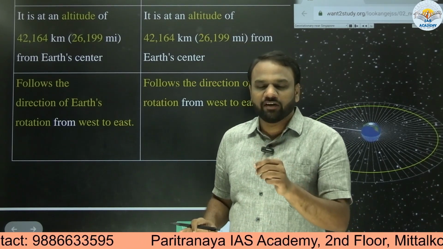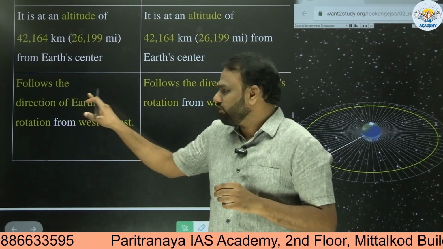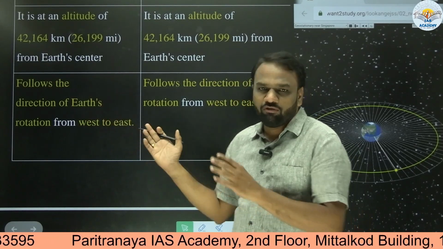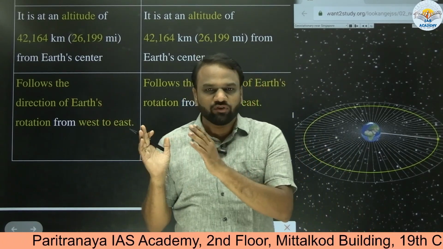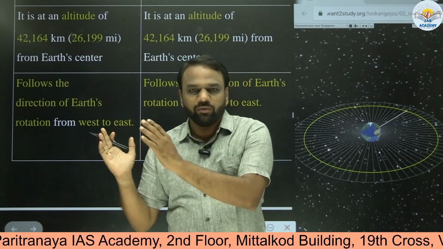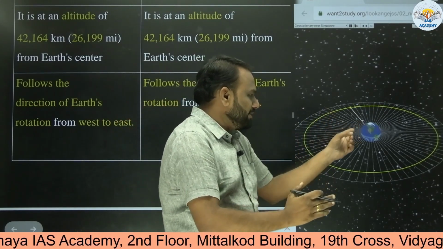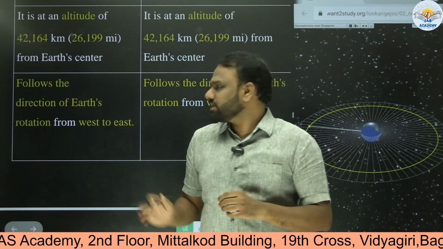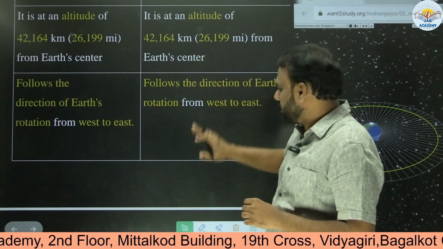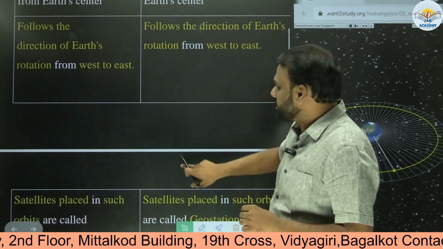Again, that would be wrong. As the Earth rotates from west to east, the satellite also rotates from west to east. This is the same for both geosynchronous and geostationary satellites.